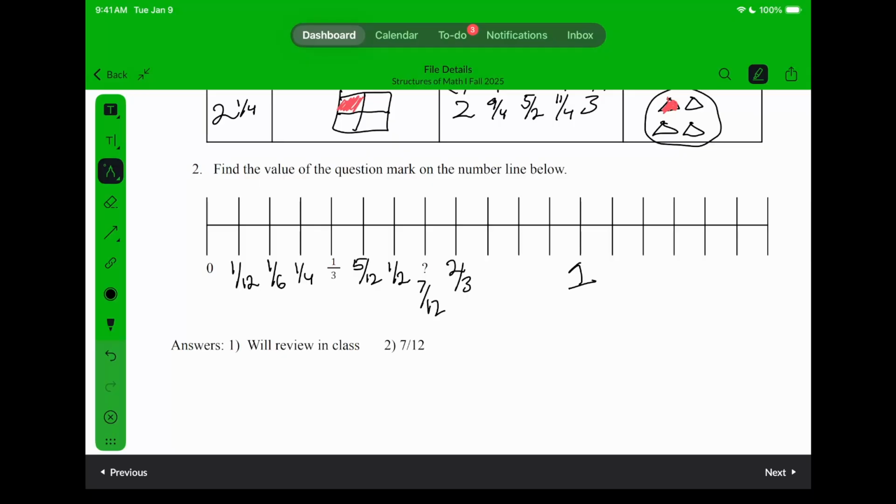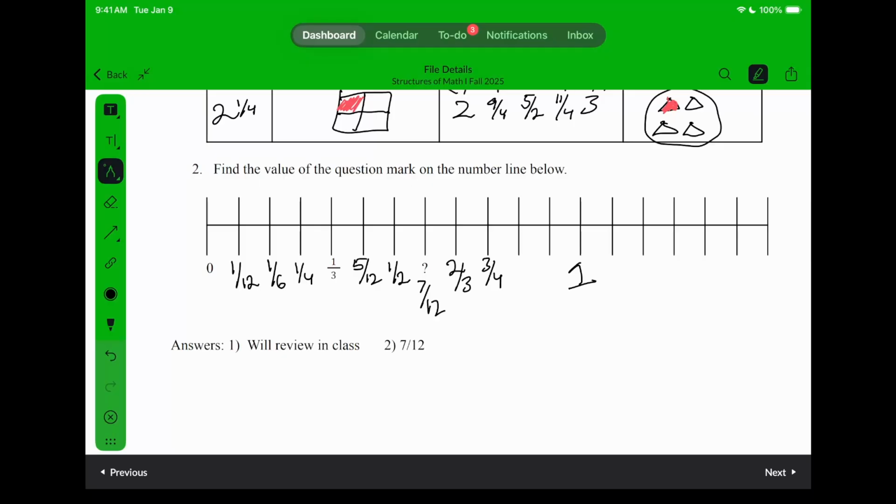But she also wants you on the test to fill out the full number line. So 8/12 is 2/3. Our 9/12 is 3/4. Right? 1, 2, 3. Right? 1, 2, 3. 2, 3. 2, 3.